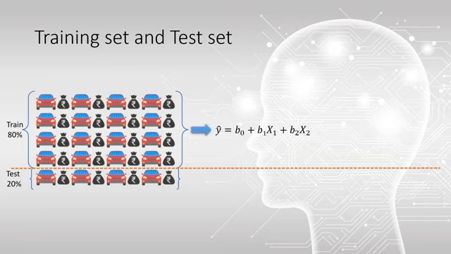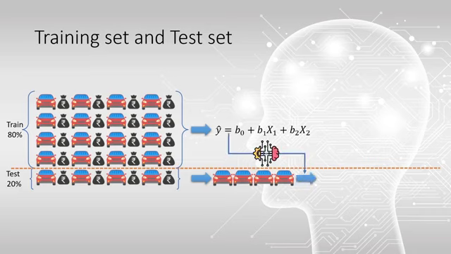We will use our training set to build the model. In this case, we are building a linear regression, and then we will take the cars from the test set and apply our model to them. The cars in the test set haven't been part of the model creation process, so the model has no information about these cars. Now we apply the model to them, and it predicts certain prices. Because we separated this data in advance, we know the actual prices.